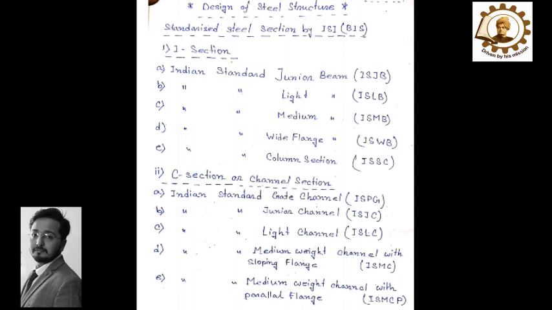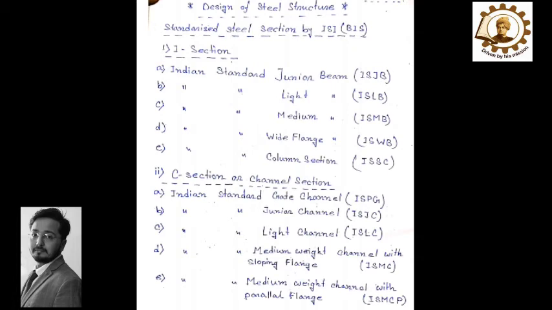So if we want to buy ISMB, we have to specify ISMB 400 or ISMB 450 or ISMB 300. This 400 or 450 or 300 denotes the depth of that section. It is applicable for I section and C section in both cases.